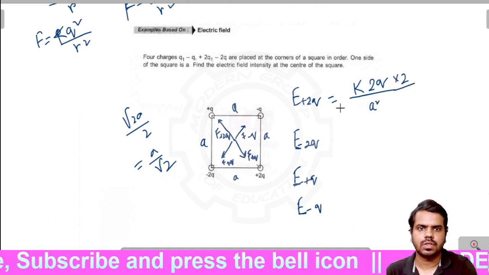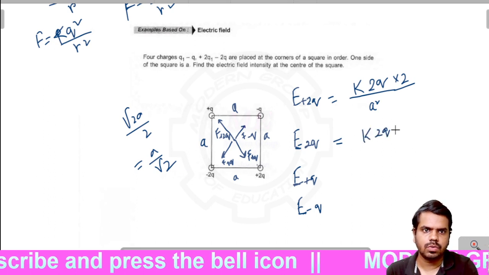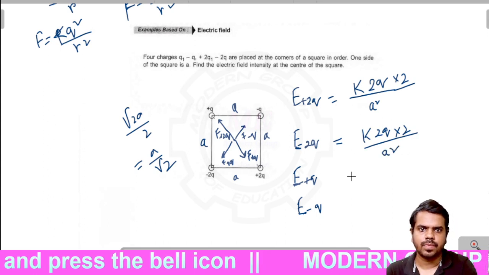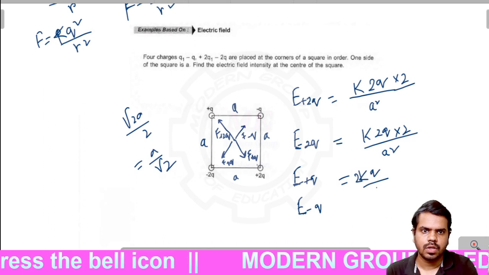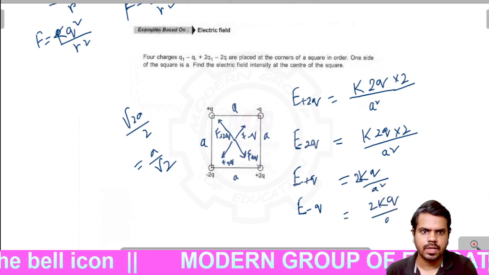Okay. So next thing, K into 2Q by a square, same thing will happen. K into Q by a root 2 whole square into 2, a square, here 2Q by a square.